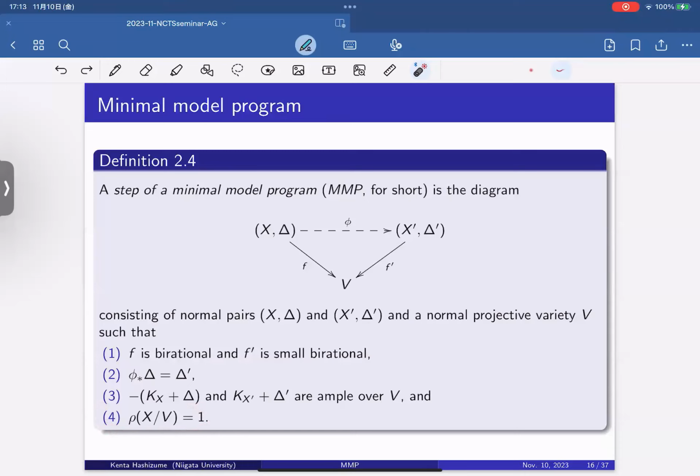Roughly speaking, the third condition implies that F contracts every curve intersecting Kx plus delta negatively.